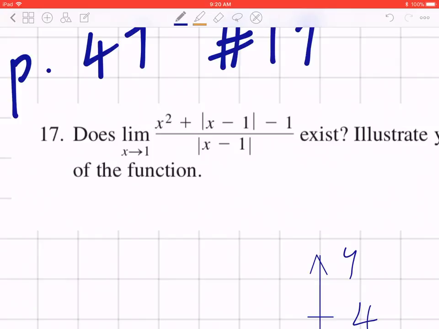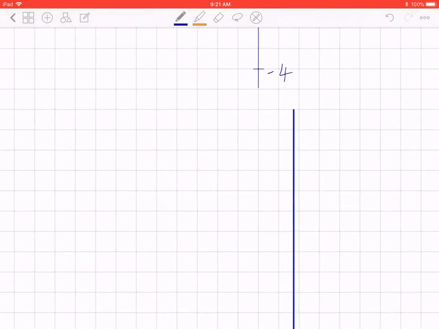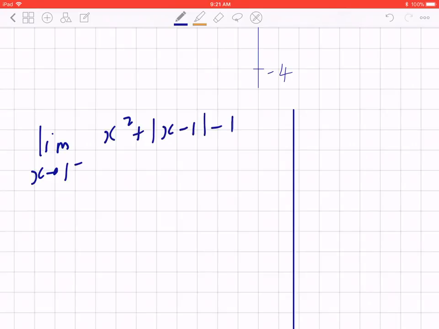So if I start with the left-hand side, I take the limit as x is approaching 1 from the negative side. I can copy the entire function first: x squared plus the absolute value of x minus 1 all over the absolute value of x minus 1.